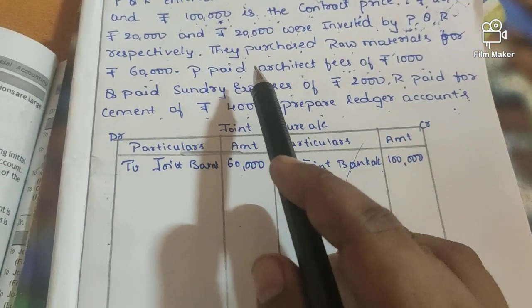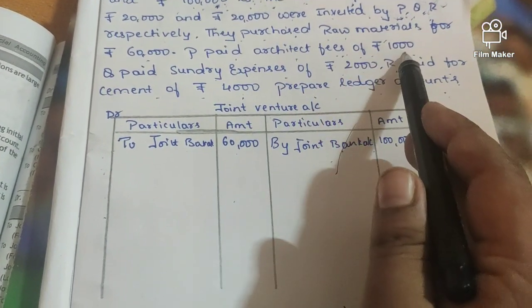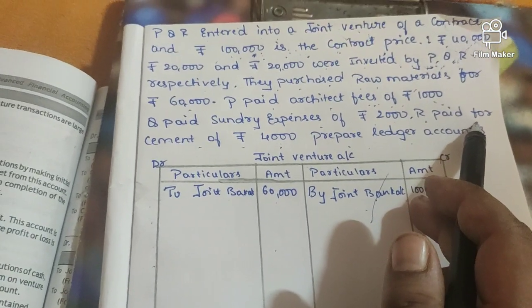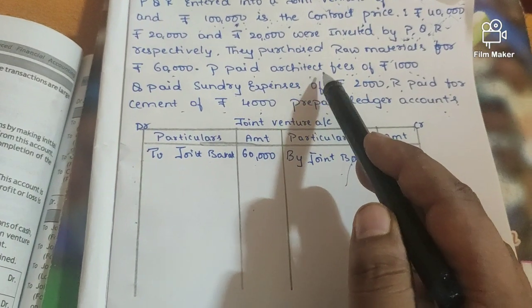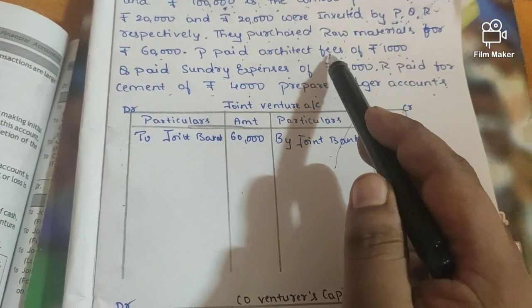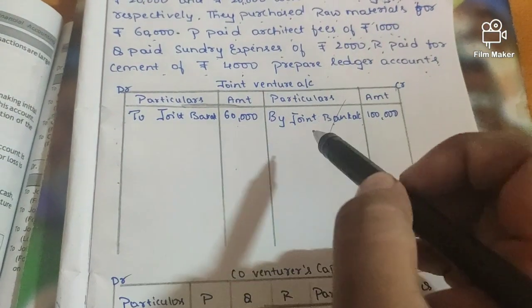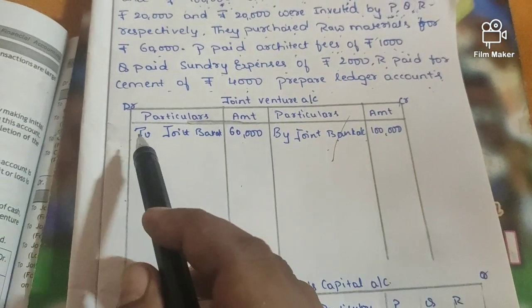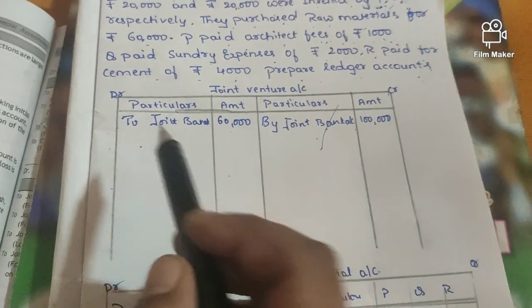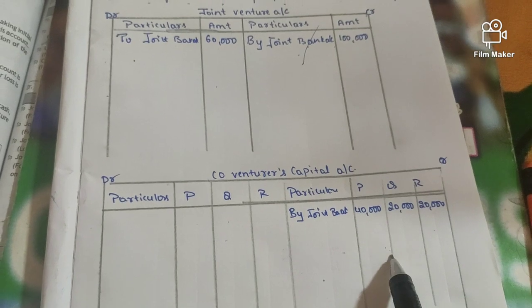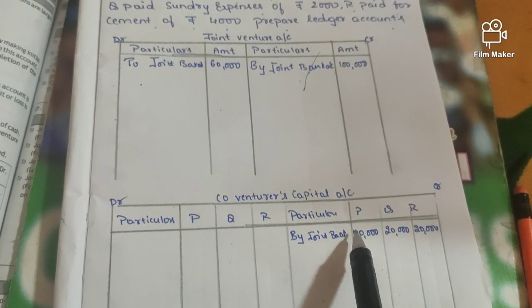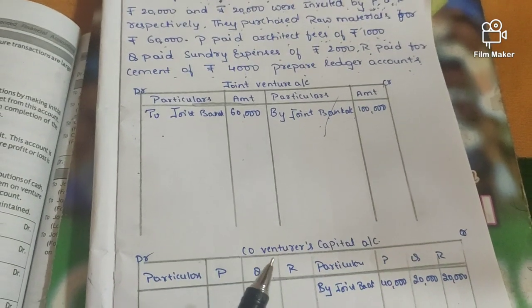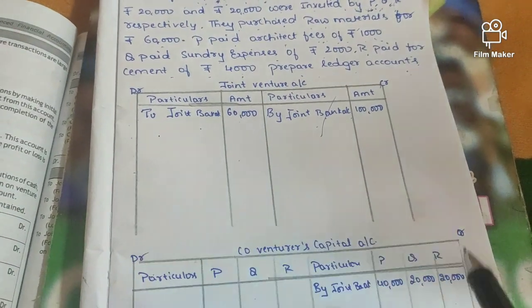The next, P paid architect fees of rupees 1,000. Here a co-venturer, that is P, is paying architect fees of rupees 1,000. So who is getting the benefit? The venture is getting the benefit. So joint venture account debit to co-venturer's capital account, or P's account.